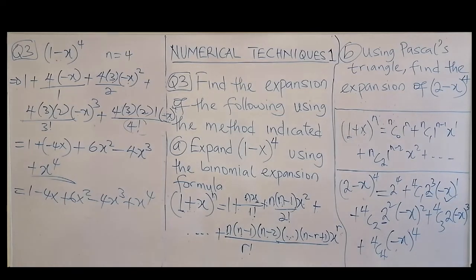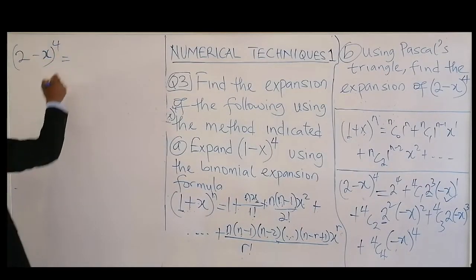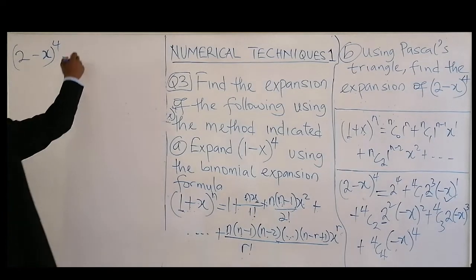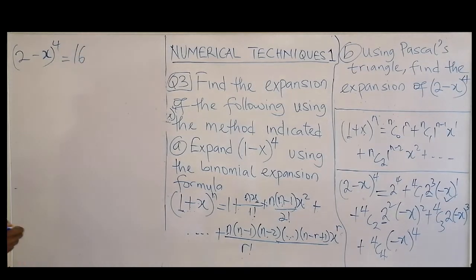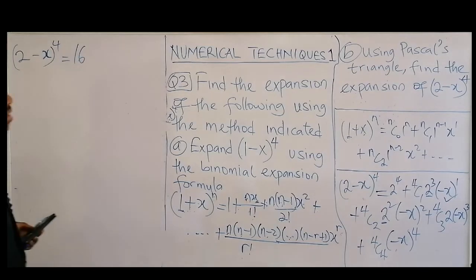So the next thing to do now is to get the value for those. 2 to power 4, that's 16. 4 combination 1, that's 4.